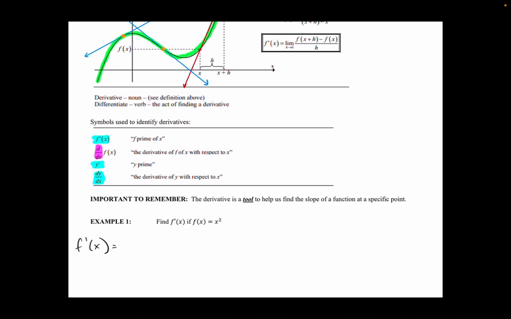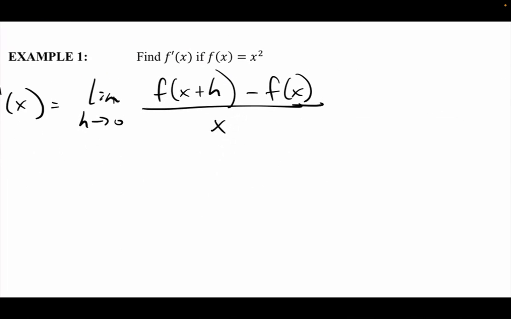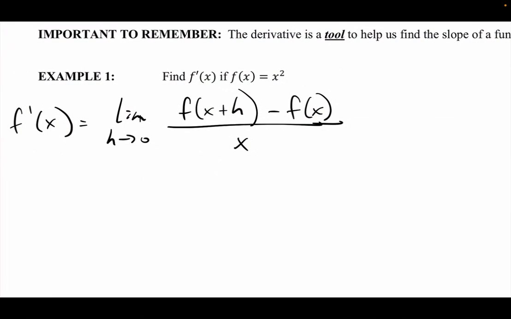It says to do that, you find the limit as h approaches 0. Why did I put x? It's supposed to be h. I'm just copying down what the box says: the limit as h approaches 0 of f of x plus h minus f of x, over h.